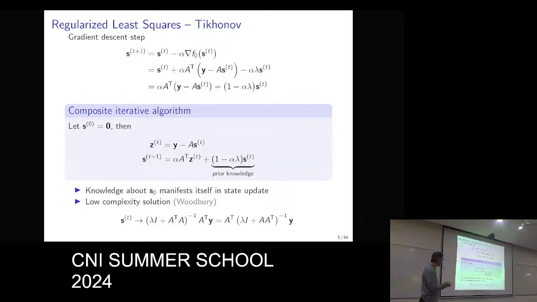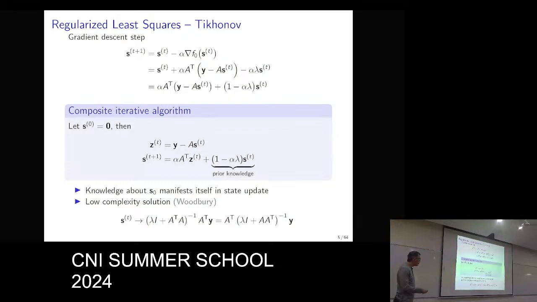And then if you take the second step, then your improved state will be equal to alpha A transpose z, where I'm now using this notation z, plus some knowledge about my state where I was before.